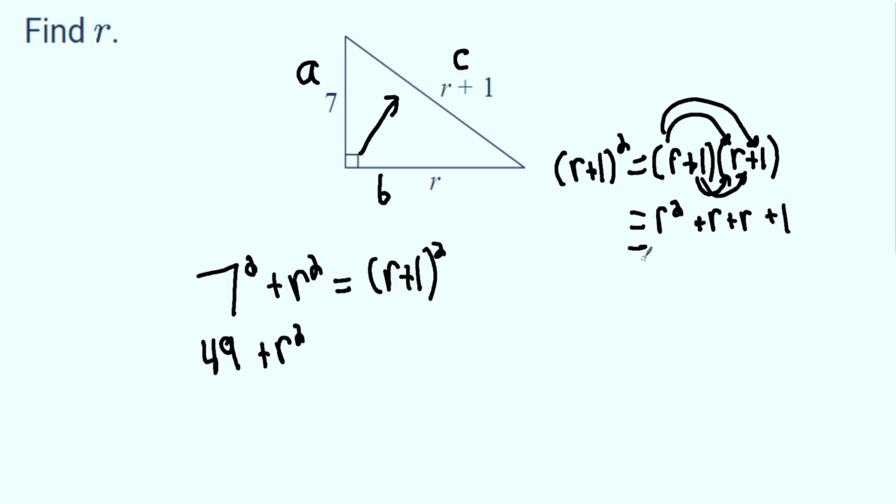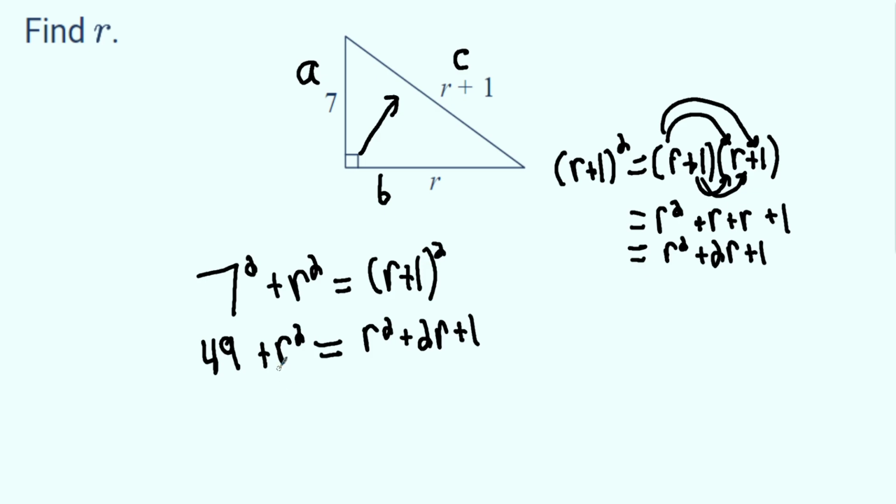And that would finally equal r squared plus 2r plus 1. So now I can figure out that this (r plus 1) squared is equal to r squared plus 2r plus 1. Now, what can I do from here?